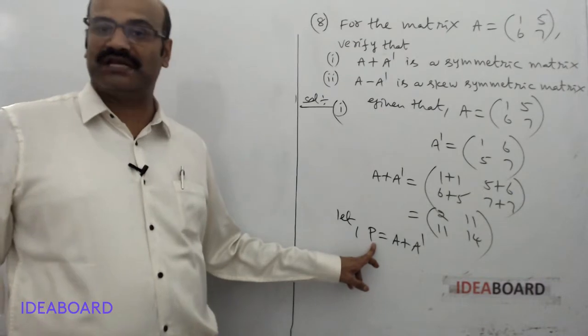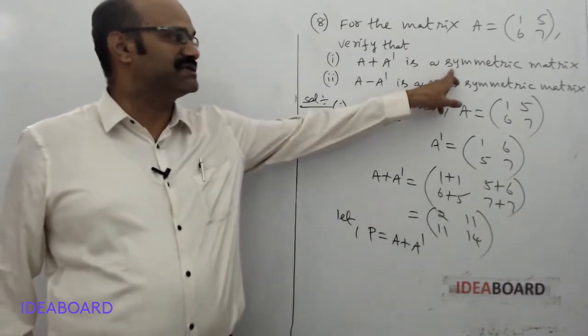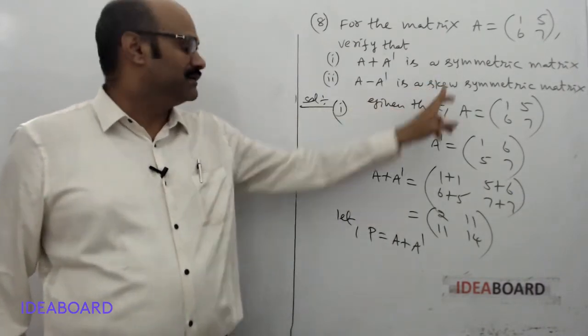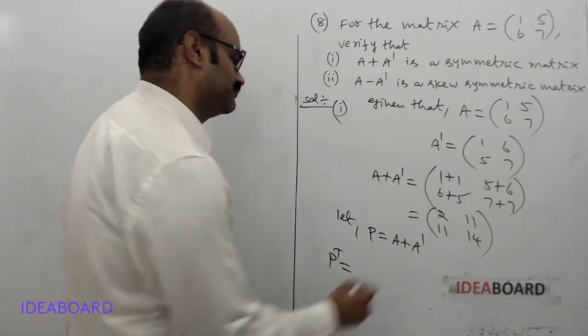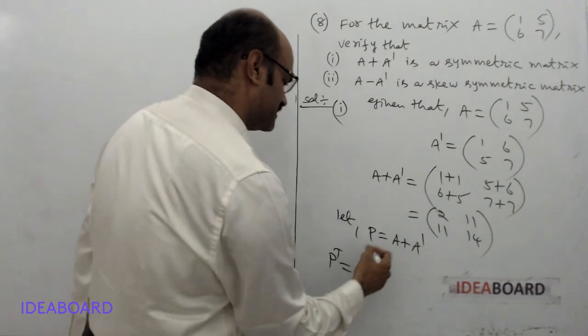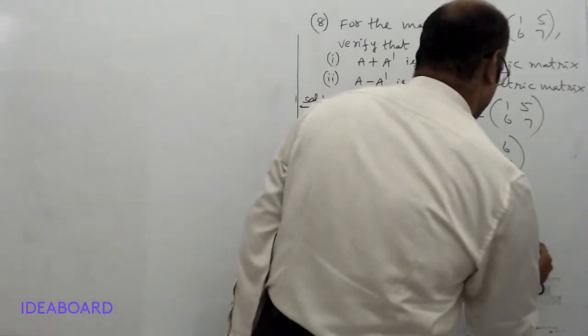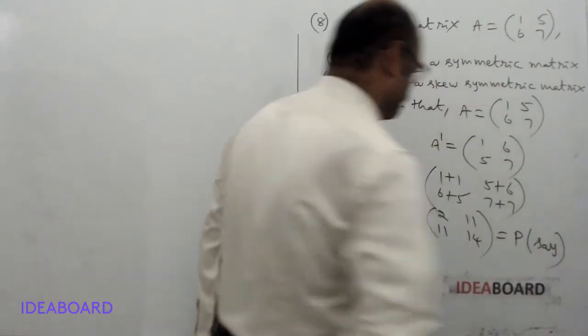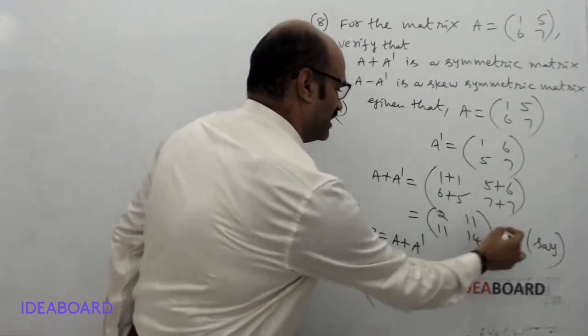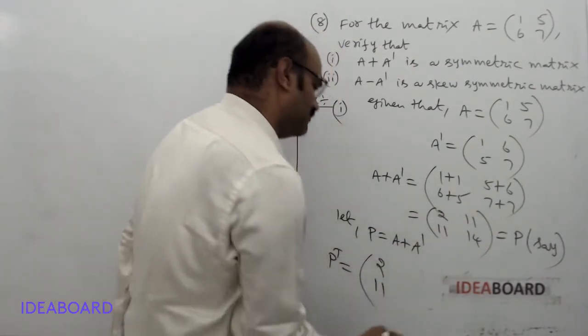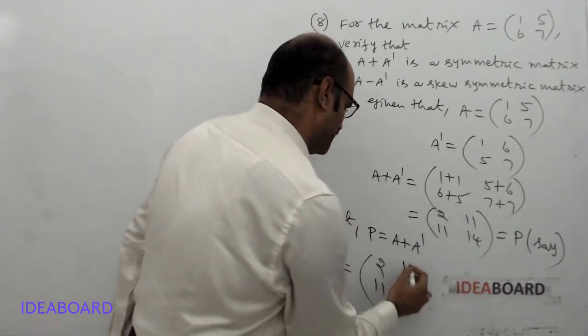When P transpose equal to P, then it is said to be a symmetric matrix. P transpose equal to, write R1 into C1: 2, 11. R2 into C2: 11, 14.